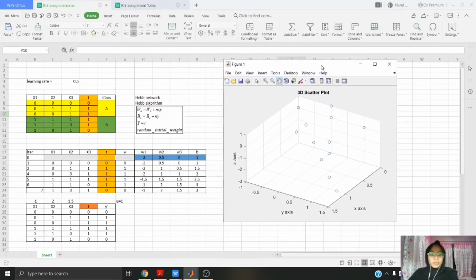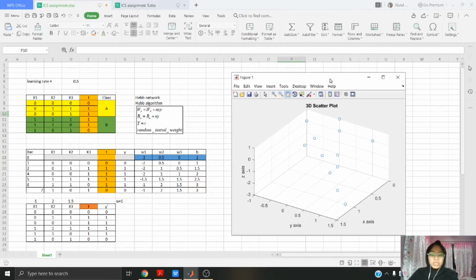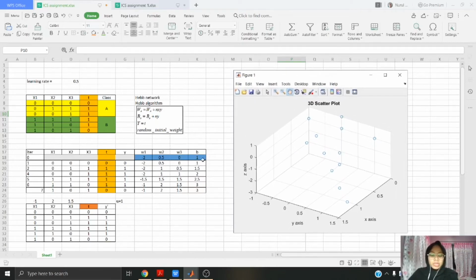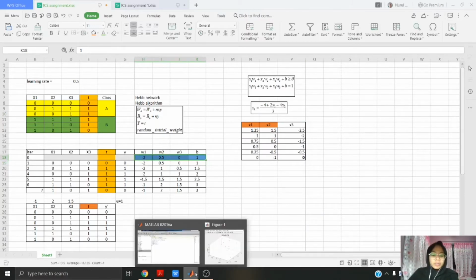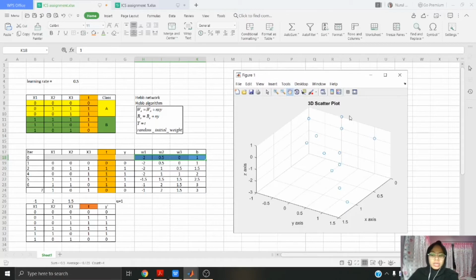So to obtain more correct data, we need to change the values of W1, W2, W3, and B, the blue regions, to obtain the data of the graph.